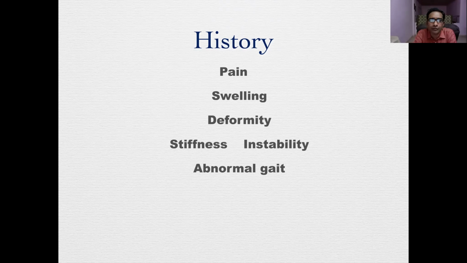Swelling in the foot can also be directly related to the joints. You can get a Lisfranc injury and midfoot swelling. You can get a first metatarsal swelling in gout, which is one of the commonest things. In the foot, the deformities are one of the most prominent things that you should be able to describe.